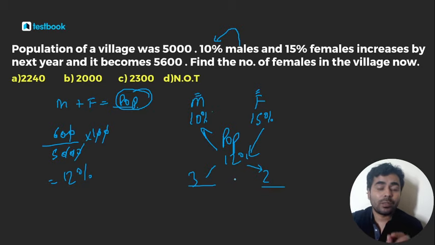The one important point I want to tell you here is: this is the ratio of male and female, but which male and female? Whether it is the earlier male and female or the present male and female.